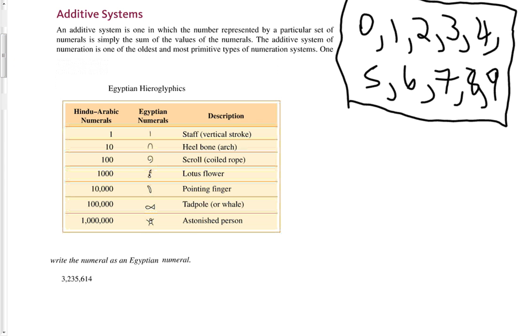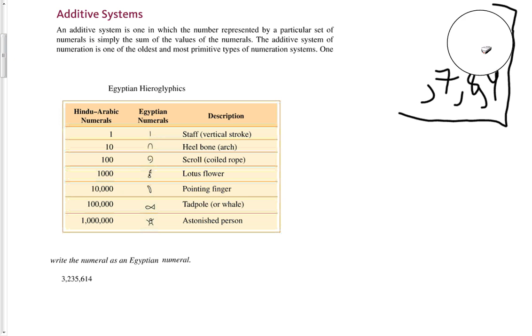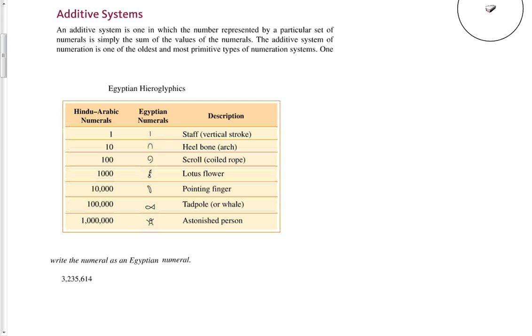An additive system of numeration is one in which the number represented by a particular set of numerals is simply the sum, or what you get when you add up all the values of the numerals. The additive system is one of the oldest and most primitive types of numeration systems.